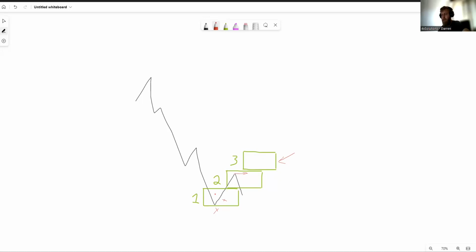Whatever size that would be from the open to the closing price, depending on if it's a daily, weekly, 1 hour or 5-minute chart. Obviously, you should be using a higher time frame, like 1 hour, 4 hour, daily, to measure the order block. If you're using a 1-minute order block, it's not very realistic.